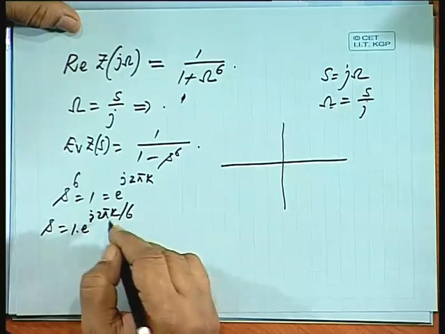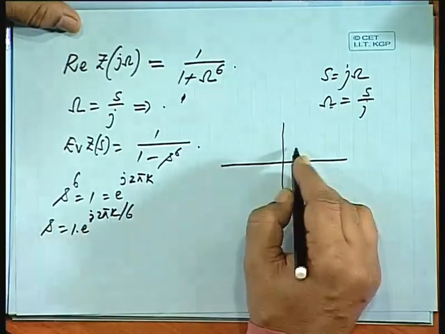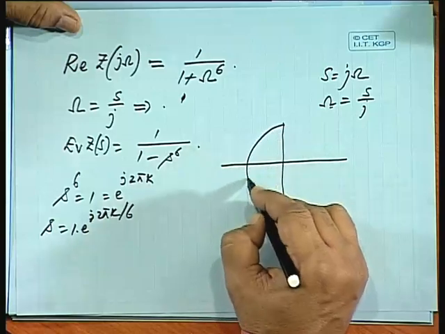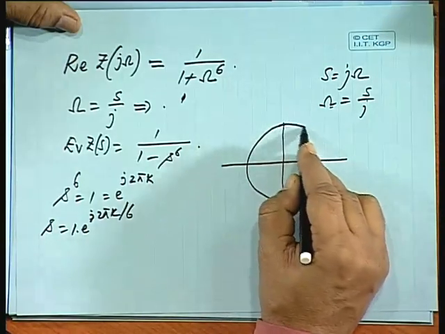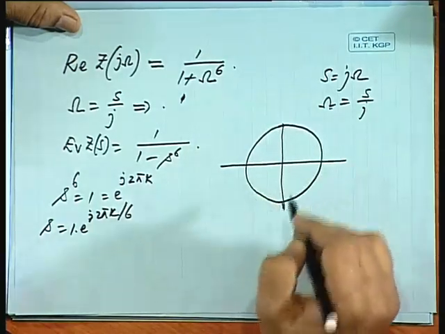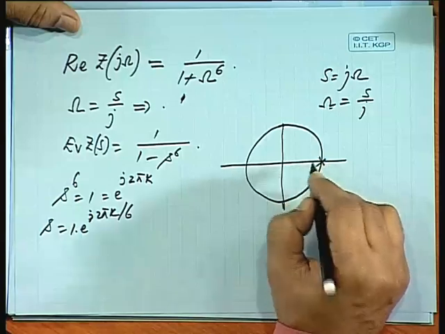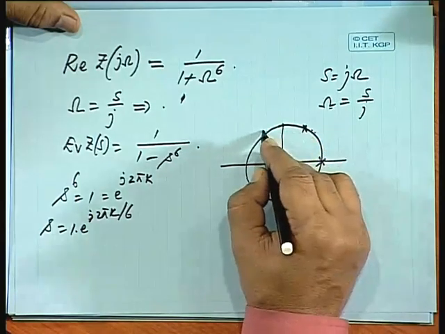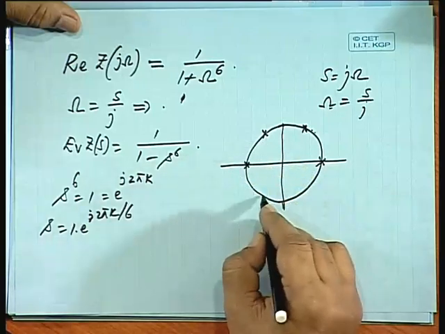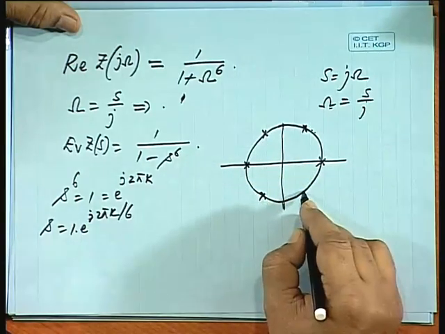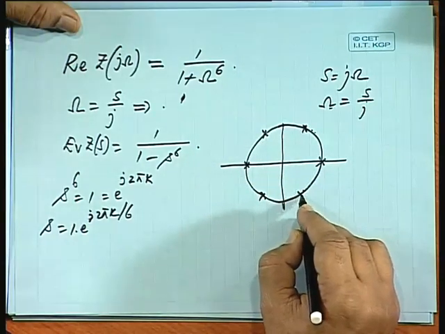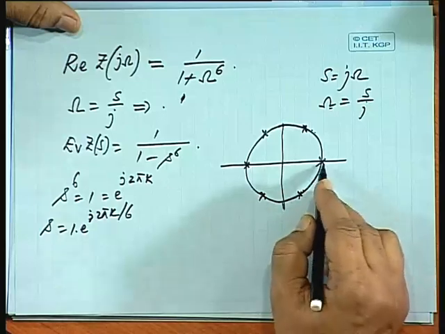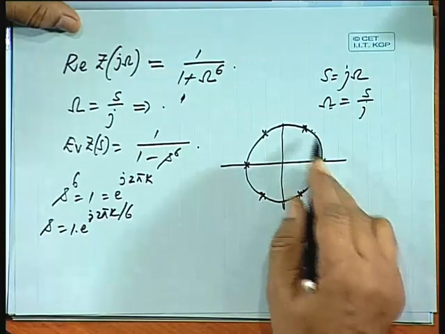So, you keep on taking different values of k, it will be on a unit circle. K equal to 0, k equal to 1 at 60 degrees, k equal to 2, 3, 4, 5 and 6.